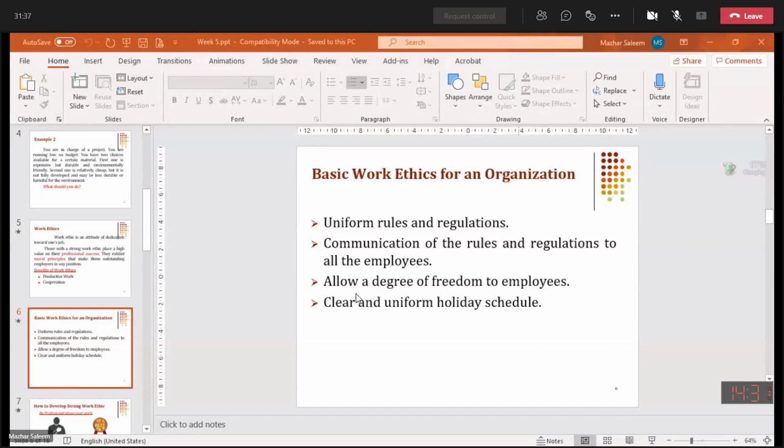Job security. Actually, job security is in the benefit of the employee, but it has a trade-off. It has advantages as well as disadvantages. But as an employer myself, I feel job security is very important and very comforting for the employees.